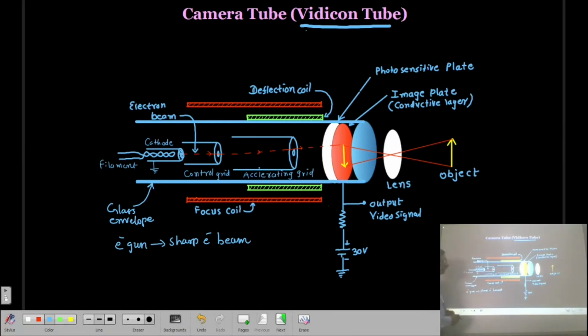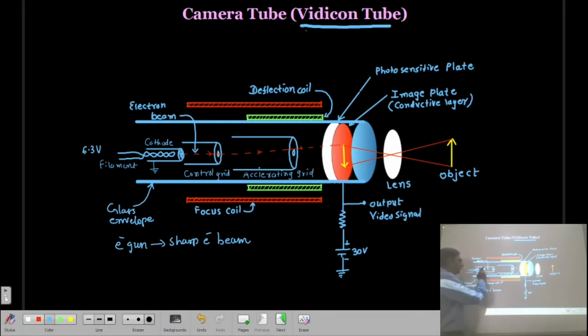Inside this camera tube, first of all we have the filament, the same kind of filament that is used in a bulb. When we apply a certain amount of voltage, normally this filament voltage is 6.3 volts, or in certain cases 12 volts, the filament heats up, and this filament is inside the cathode.